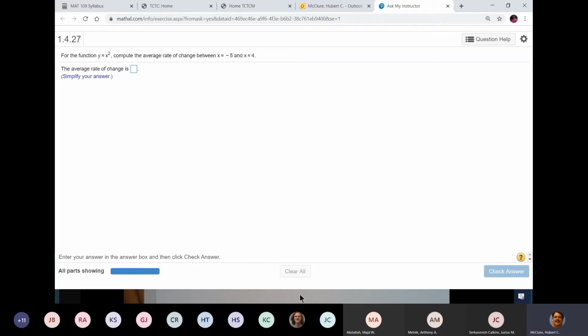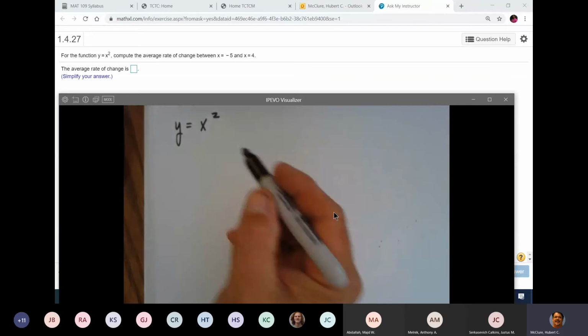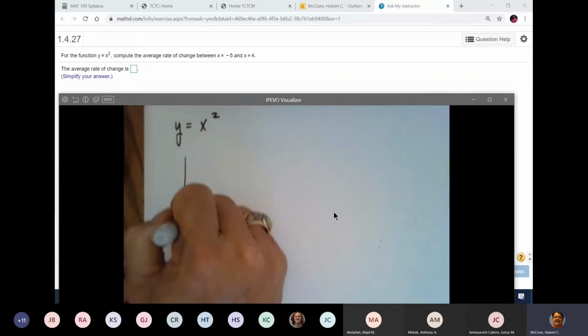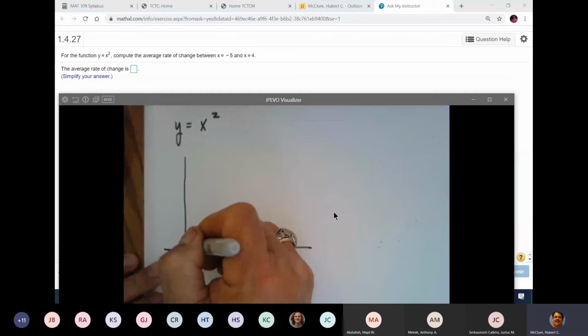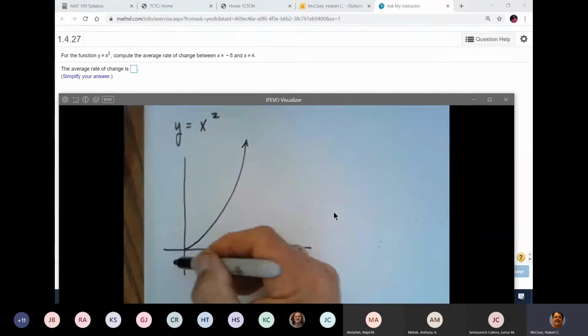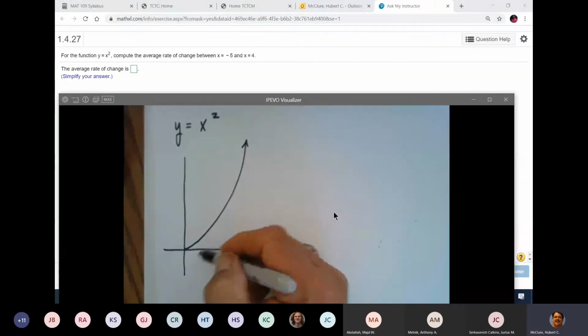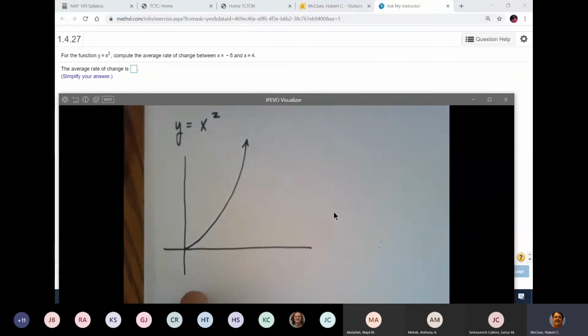Okay, so first of all, we're not going to do anything right yet. We're going to draw this because we need to see what it looks like. We know that the function looks like this. I'm only concerned with the first quadrant because it said, oh, negative, darn it. I didn't see the negative.